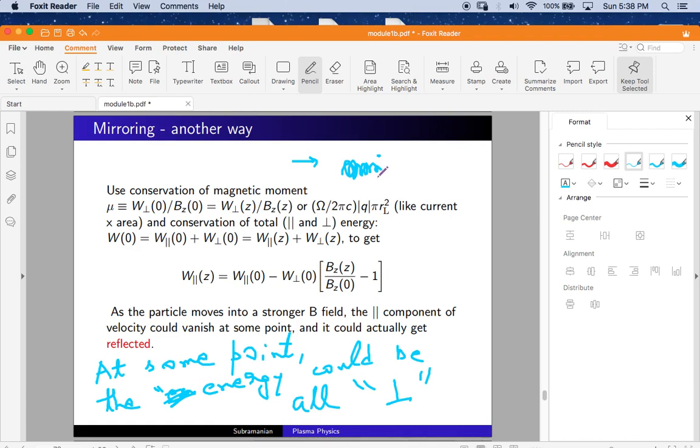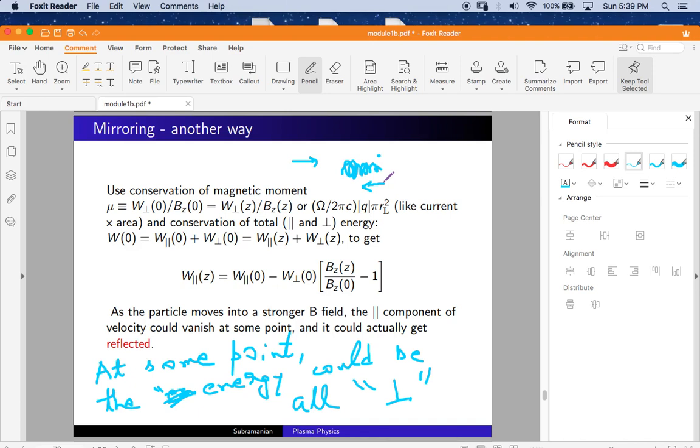And that is all this level of theory can predict. Simulations and observations in the lab and in near-Earth situations show that actually it's not just that the parallel velocity goes to 0; the particle can actually bounce back from here, and where it bounces back is called the mirror point.